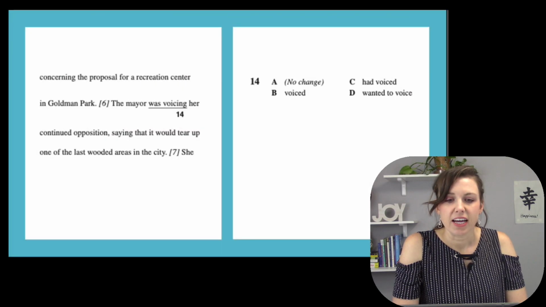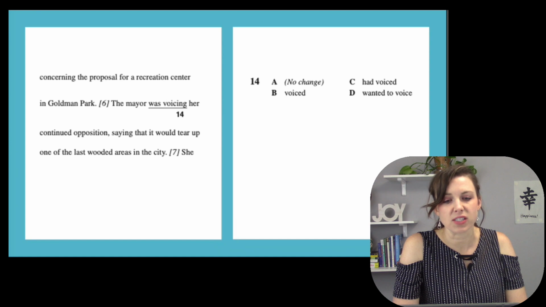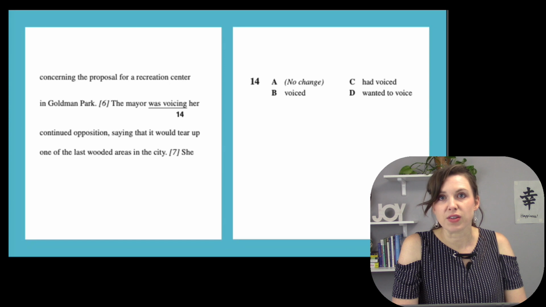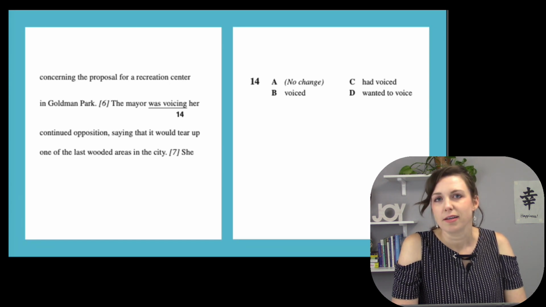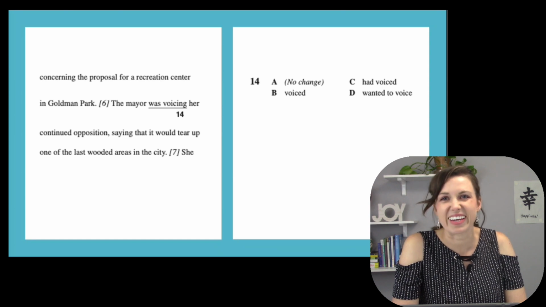Number 14, the mayor was voicing her continued opposition, saying that it would tear up one of the last wooded areas in the city. Okay, so what we have to look at is, is it past tense, future tense, present tense, all the different tenses.